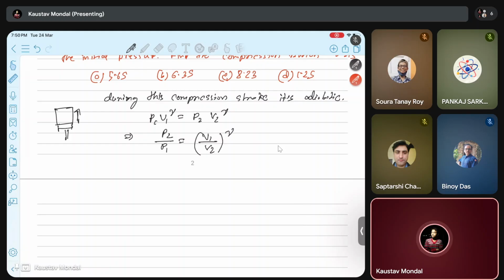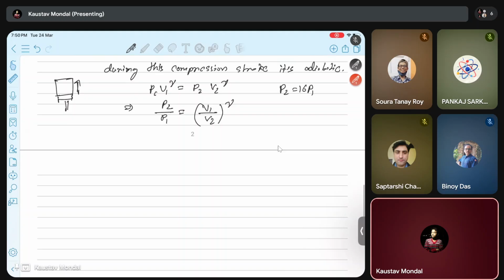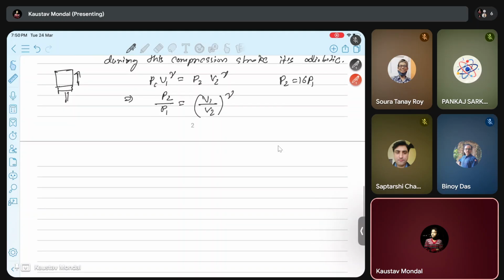P2 is 16 times P1, right? So it would be 16 equals V1 by V2 to the power 1.5.